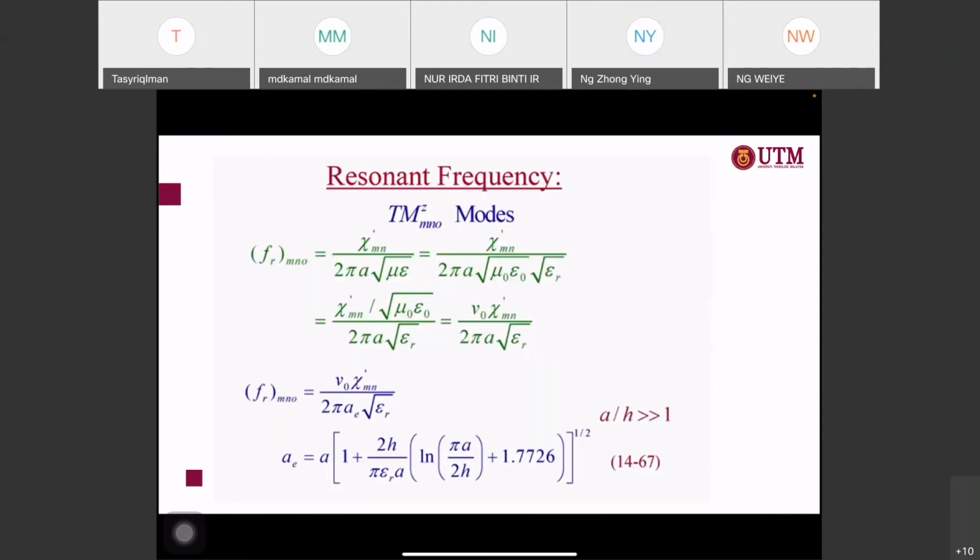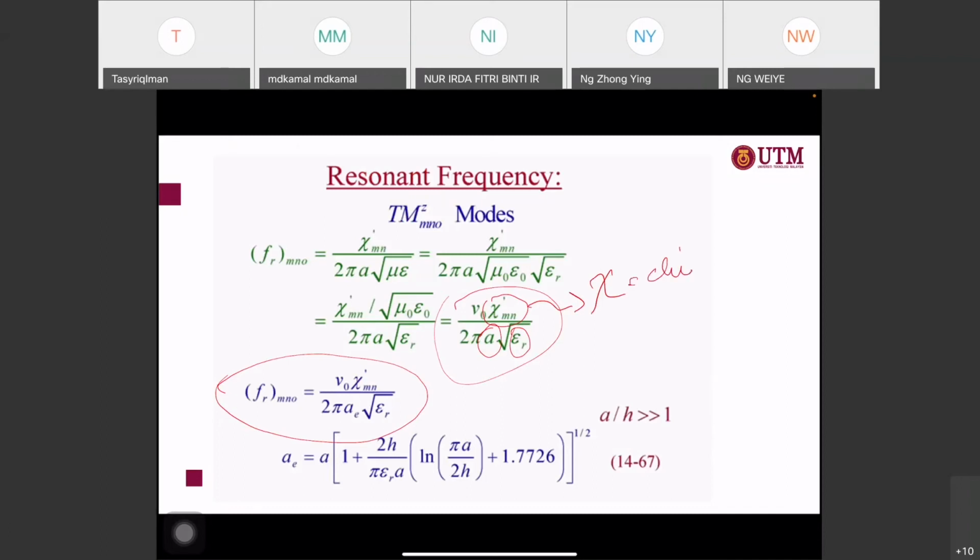Okay, how do you determine the resonant frequency? You can use this equation to determine the resonant frequency of the circular patch antenna. A is your radius, epsilon r, and zeta here is actually chi. We pronounce this one as chi here.